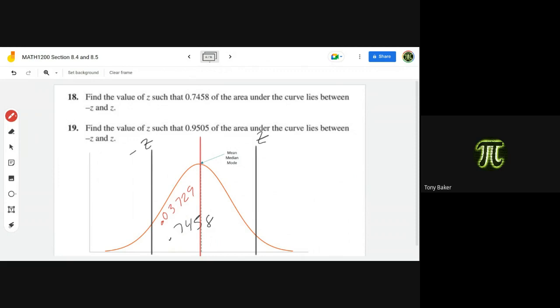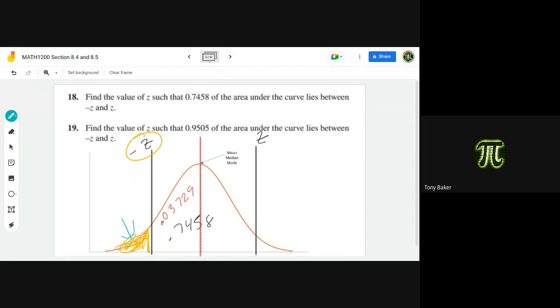Remember my chart, right? The chart's telling me what? From the left, correct? Okay. So I need to find something from the left. So if I can find this piece here, that's going to give me that z. So I know the piece in the middle. If I subtract that from 0.5, which is that half, I will get the piece that's on this side over here. I'm sorry, I'm doing it in yellow, which most people probably can't see.